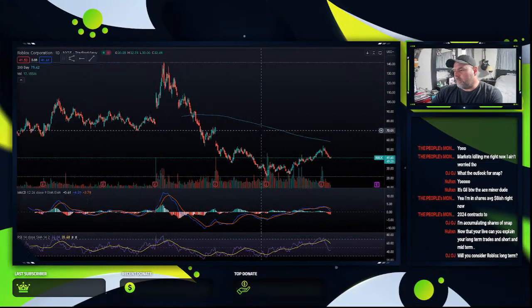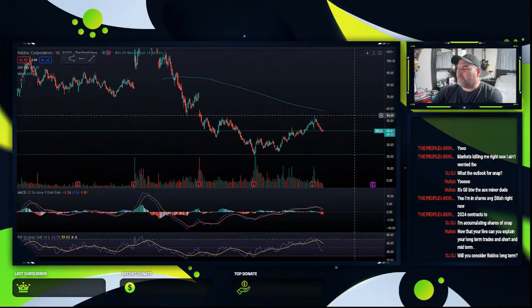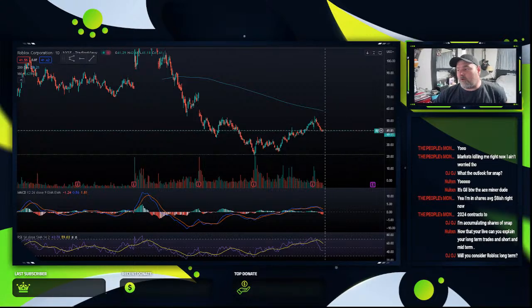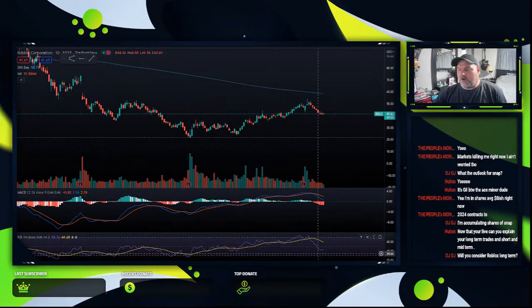You did make a bottom and a slightly higher low, and it looks like you're trying to make another macro low. If that green candle continues and we get, let's say, 2 or 3 days of follow through, it's going to be hard to do when you're in the bearish control zone right here on the RSI and you're building negative momentum. It's going to be hard to keep that green candle.